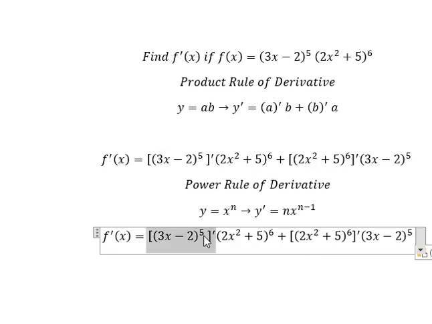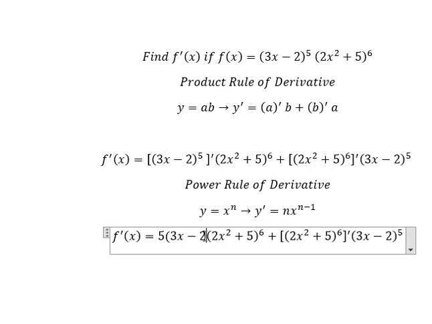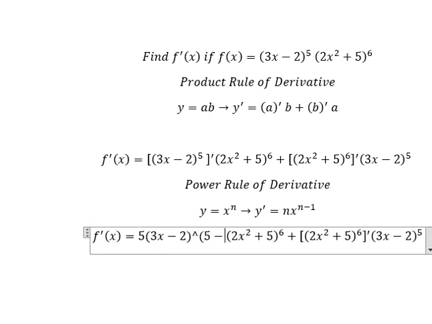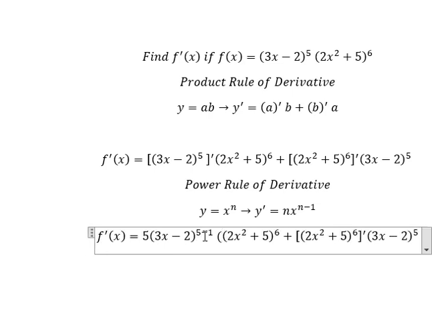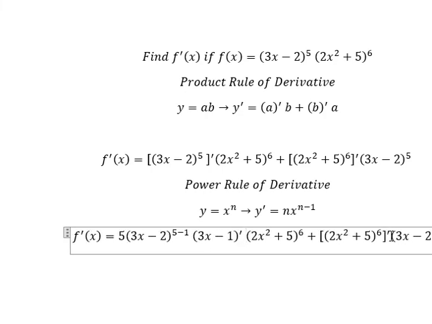So we will have 5 multiplied by 3s minus 2 to the power of 5 minus 1. Later, we continue to do first derivative of 3s minus 1. Similar for this one in here.